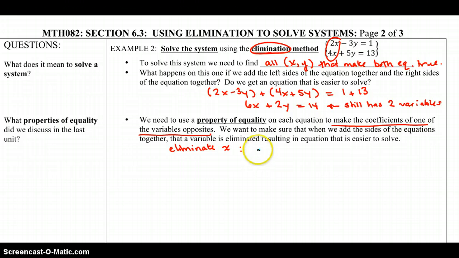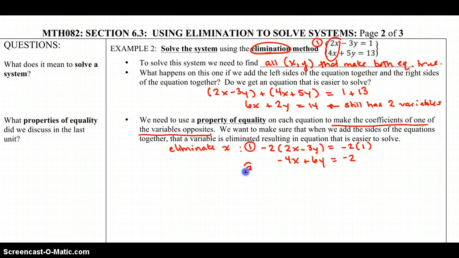So we're going to take that first equation and we're going to multiply each side by negative 2. Okay, so that's going to give us negative 4x plus 6y equals negative 2. So there's our first equation that we had up here.